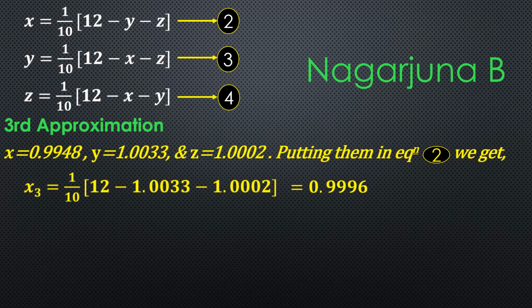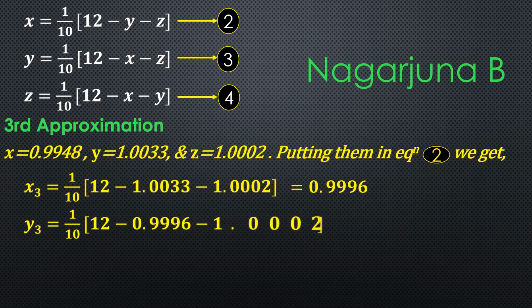along with the z value which we have got in the second approximation, to get the value of y as the third approximation. So we can write y3 is equal to 1 divided by 10 into 12 minus x value, which we have just calculated, 0.996, minus z value from the second approximation, that is 1.0002.